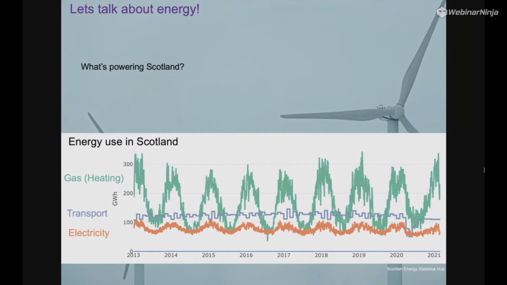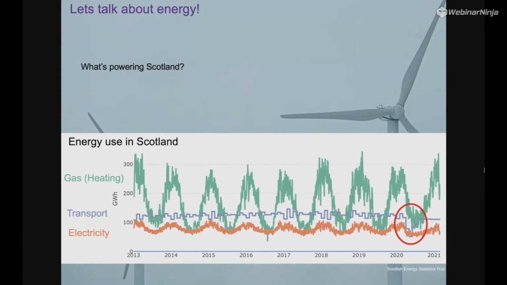We have electricity, transport, and gas or heating. And you can see in particular heating fluctuating drastically between winter and summer each year. And electricity doing the same, but being the least of the three energy uses.